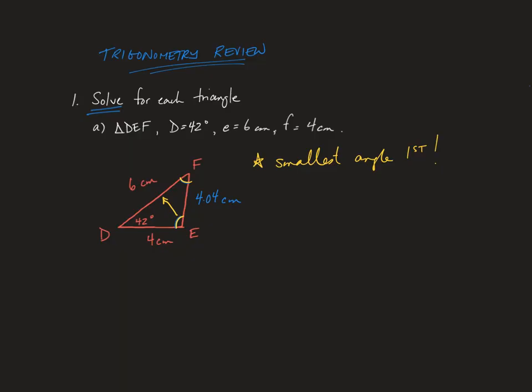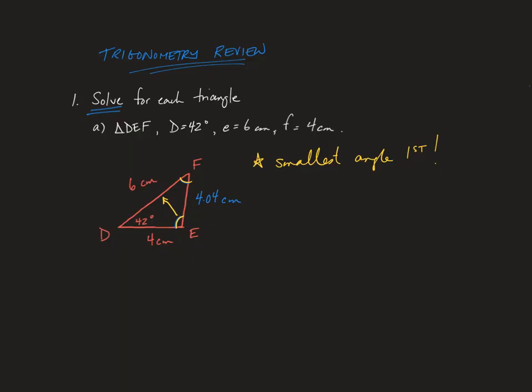I don't know yet. But what I do know is that every triangle can only have one obtuse angle. It can't have two. You can't have two angles that are greater than 90 and then all three angles add up to 180.